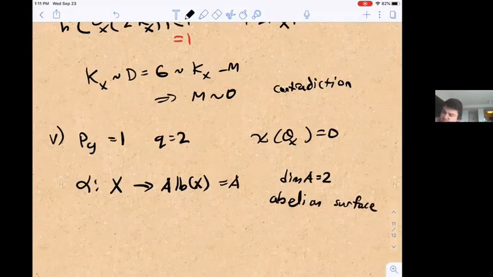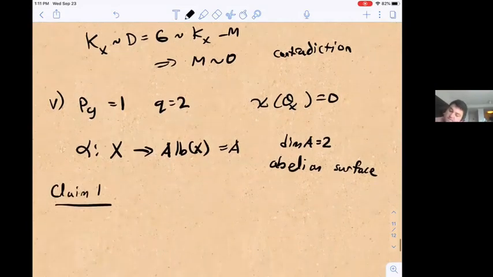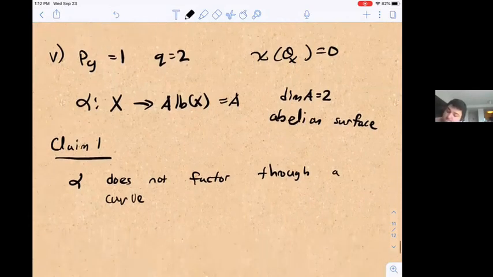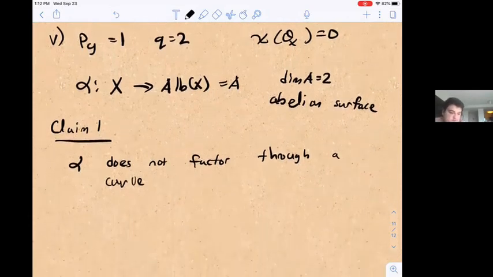So the first claim is that this alpha doesn't factor through a curve. Okay, so suppose it did.